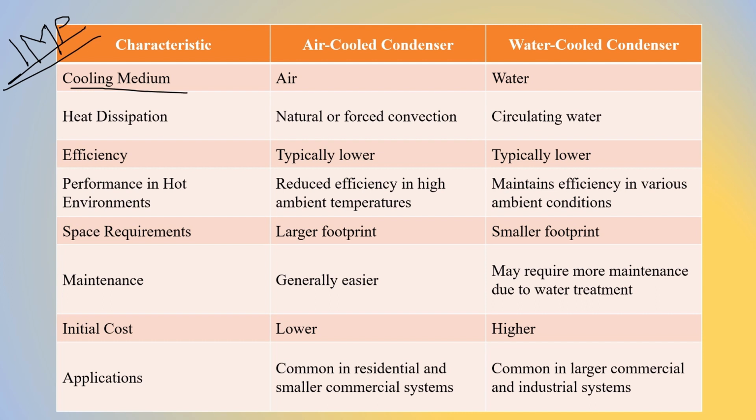Cooling medium. In the air cooled condenser, what should be the medium? The medium should be air, and in the water cooled condenser the medium should be water. Heat dissipation. So how is it done? Natural or forced convection, as we discussed before, and here by circulating water. Efficiency.